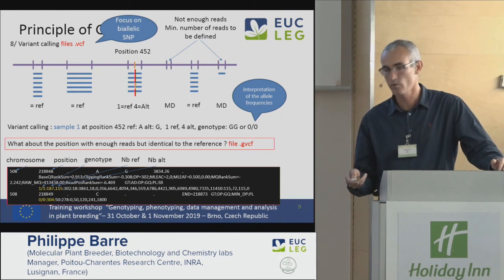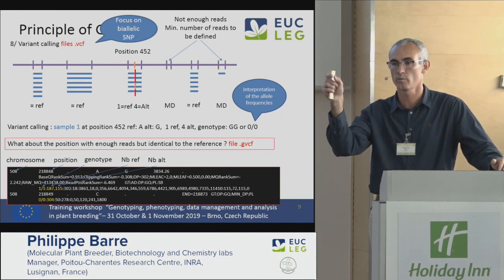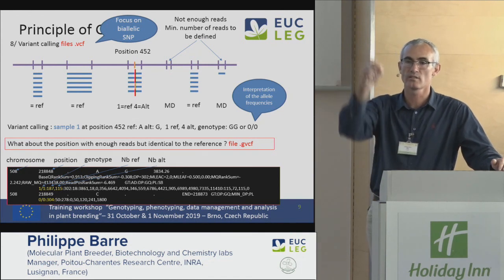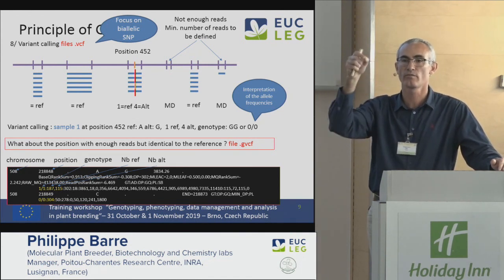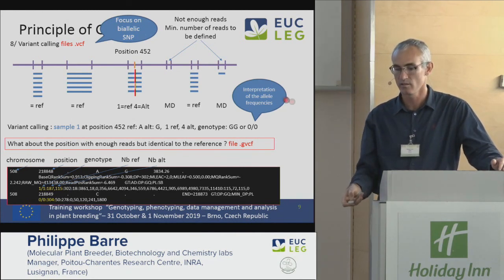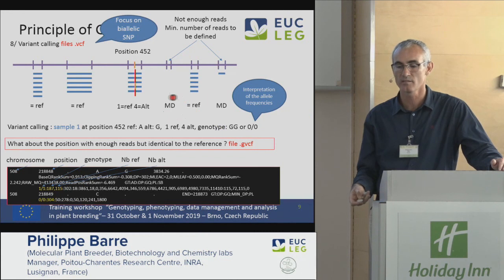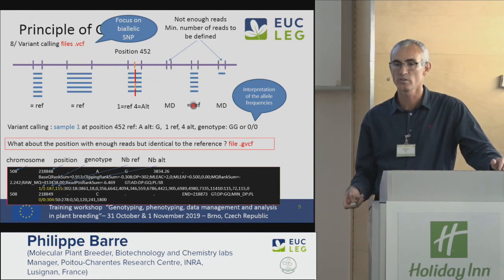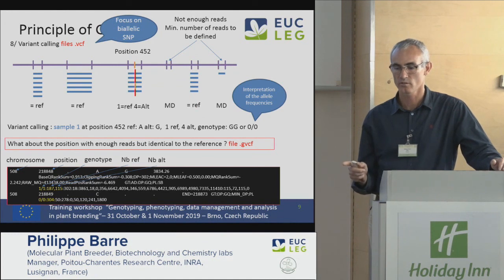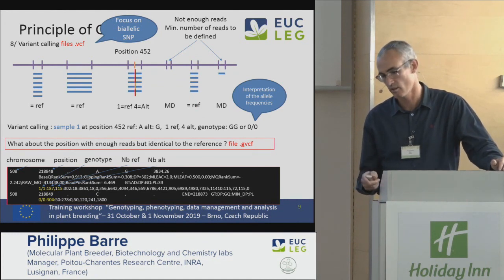So instead of looking just at where you have polymorphism, you keep track of, okay, I have reads there, and I know it's like the reference. It's not like here. Here, for example, it's missing data. I don't have any reads. So you make a difference between missing data and homozygous reference. This is also something important, I think.